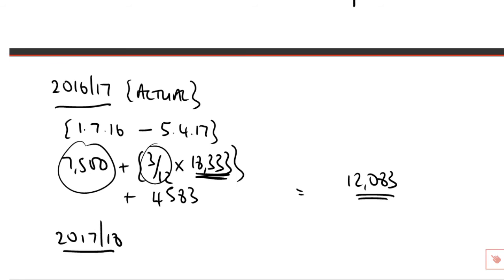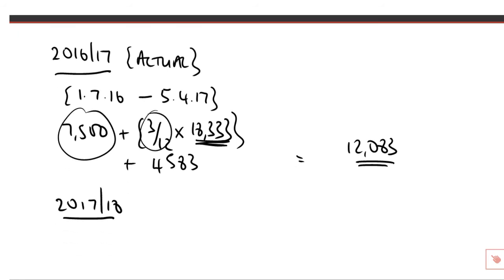On to then 2017-18. Right, basis of assessment in the second tax year. For FC, did FC have an accounting period ended in the 17-18 tax year? Yes, he did. He was a partner for the entirety of the year ended 31st of December 17. Now, because he'd been a partner throughout that full year, that means he's got CYB, current year basis, based on the accounting year ended 31st of December 17.